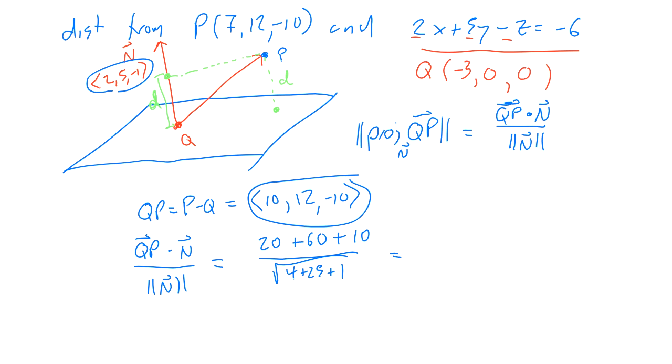That gives me 90 over the square root of 30. And if I multiply top and bottom by square root of 30, I have 90 square root of 30 over 30, or 3 square root of 30.